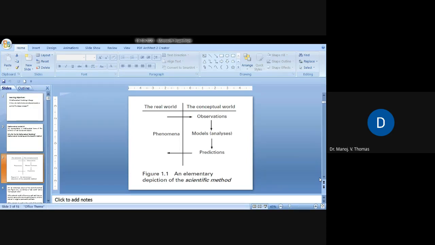That includes analysis. And that model will have certain predictions. This is what it is going to do. This is the maximum temperature. This is the pressure. This is the maximum output it will be able to give. Then those predictions are again connected to the real world, because we should verify them.